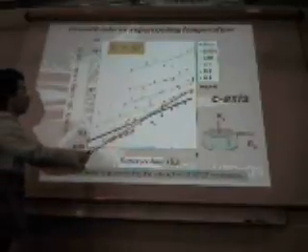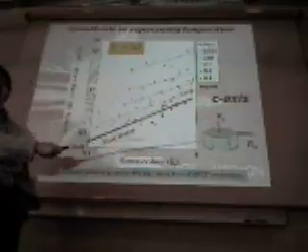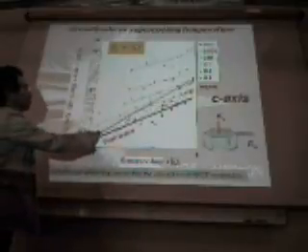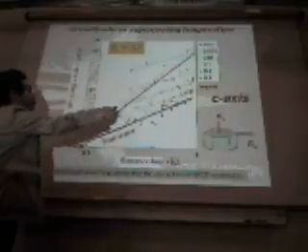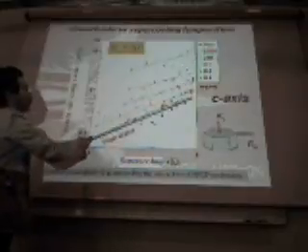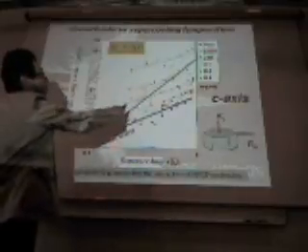This line gives the growth rate of ice in pure water. Sorry, this is the growth rate along the c-axis, the basal plane growth rate. And we include protein. So then the growth rate, for example at 0.01, is here.